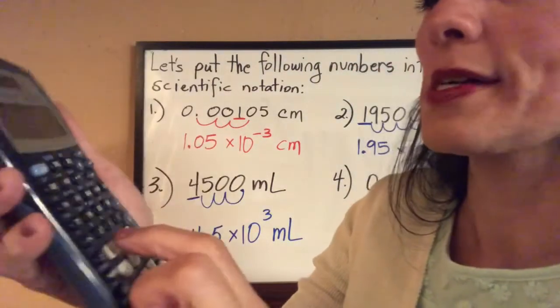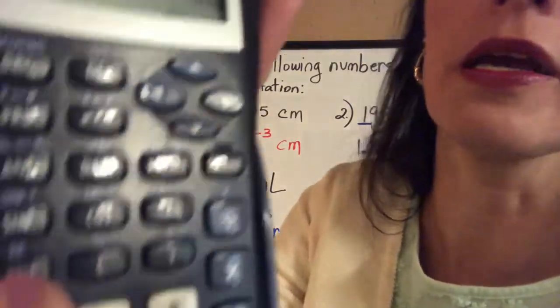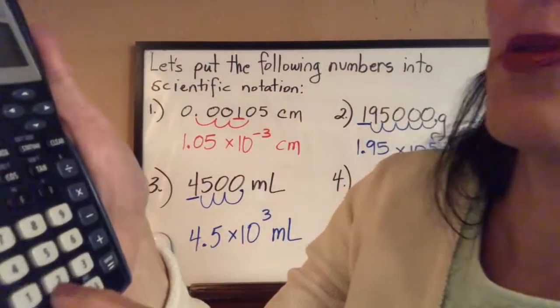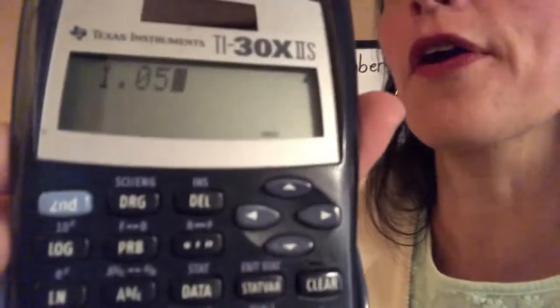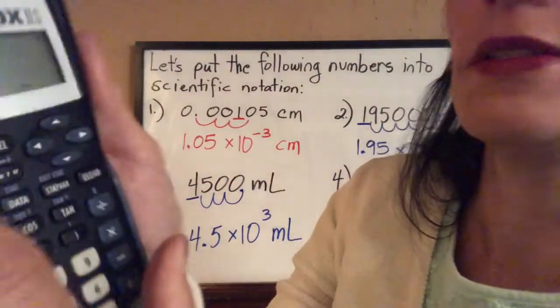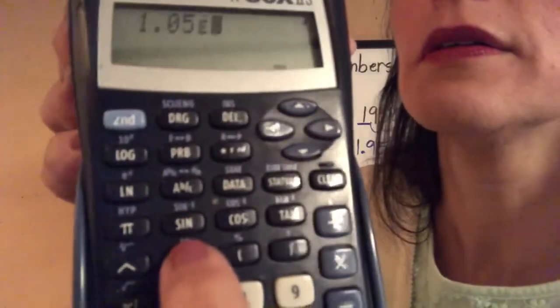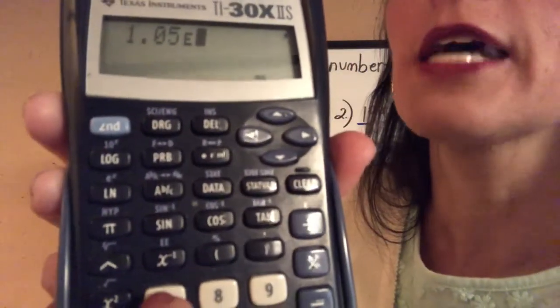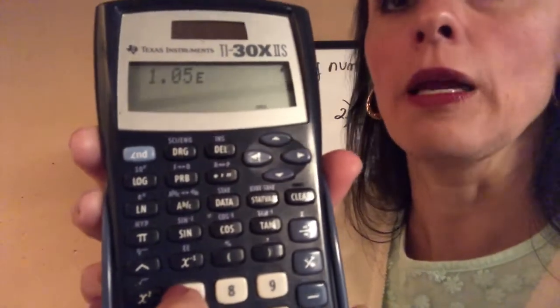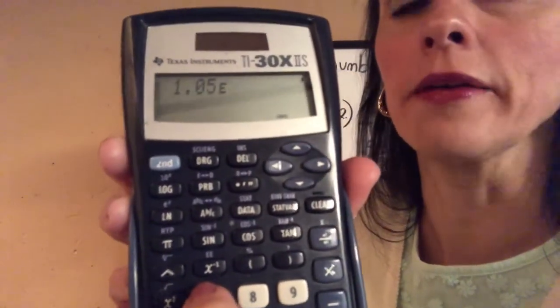Another way is use of the exponent key. On this calculator, it's right here, EE. You enter in your coefficient, 1.05, and then you hit the second EE. That EE key, that exponent key, is equivalent to times 10.